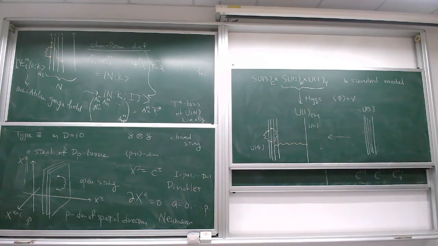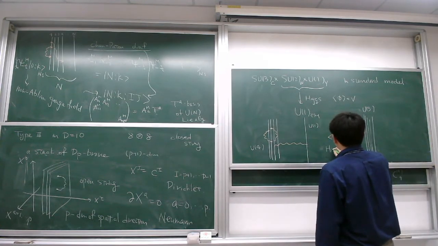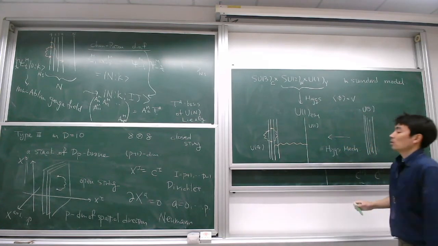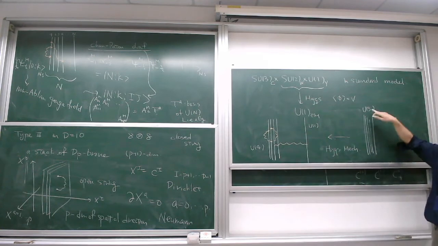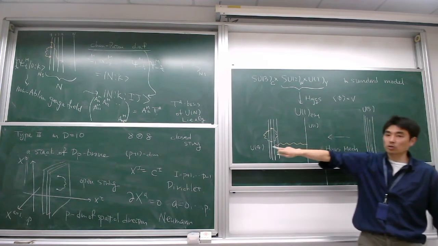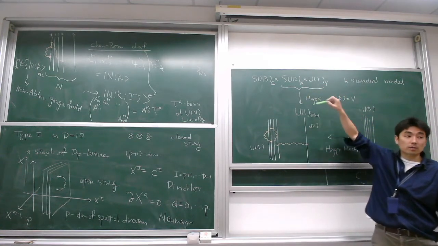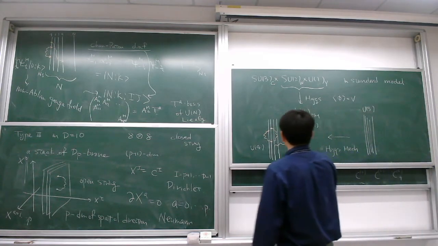So this is indeed a Higgs mechanism. The gauge boson becomes massive, and the gauge group is broken from U(5) to U(4) times U(1). This is exactly similar to the phenomenon in the standard model. So by Higgsing, this is a massive gauge boson.